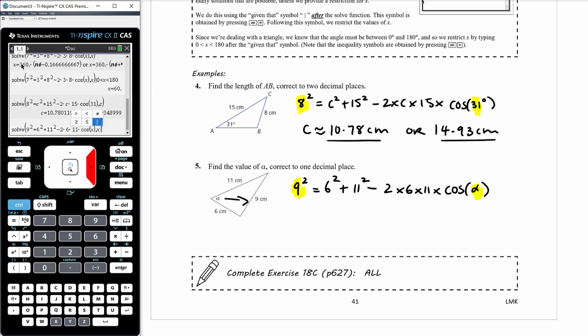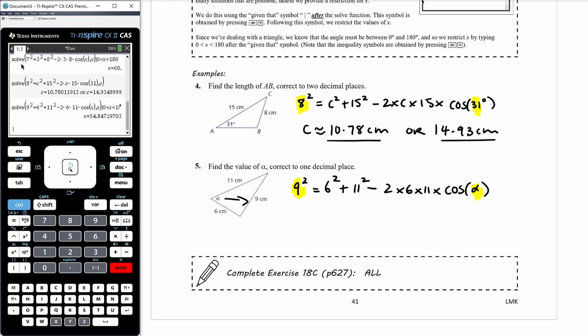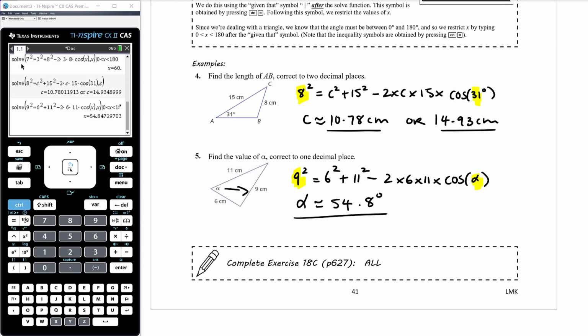And we don't have any other angles in the triangle on this occasion, so all we know is that alpha, or x as it is in my CAS, has to be somewhere between 0 and 180 degrees in order for this triangle to exist. Control Enter. This time we just get one value for alpha. So alpha is 54 point, what do we want, one decimal place, 54.8 degrees. Okay, exercise 18C for today's work.